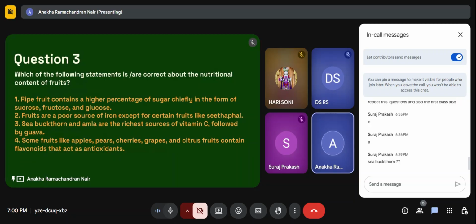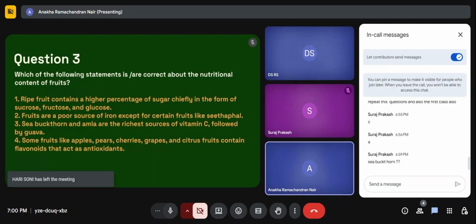Or is there a Hindi name for this? I'm not able to find the Hindi name, but maybe a picture. Just a second.